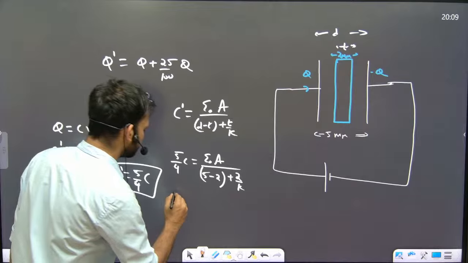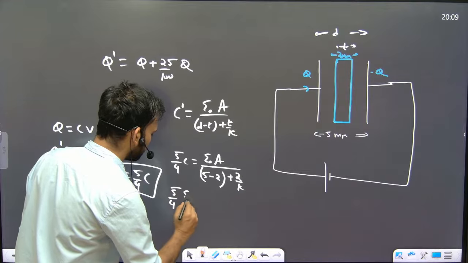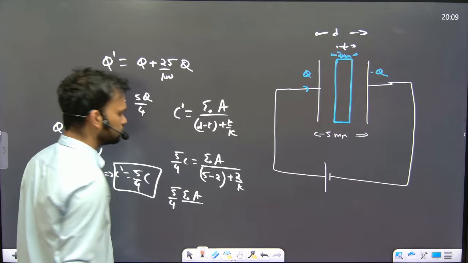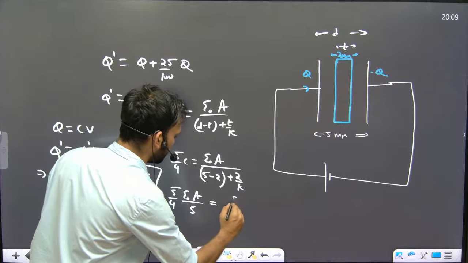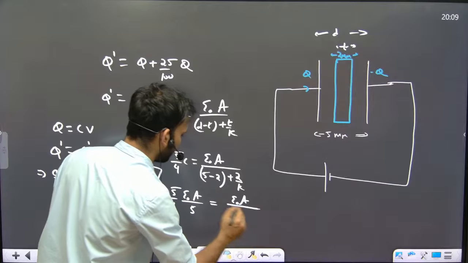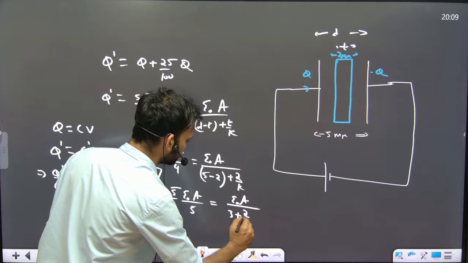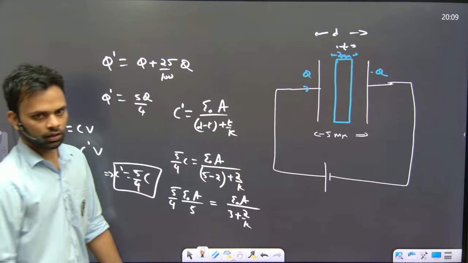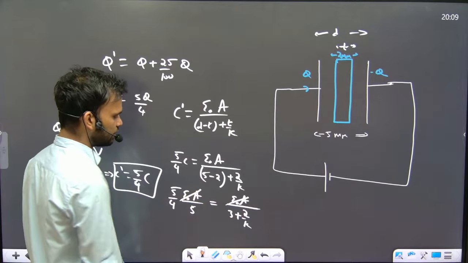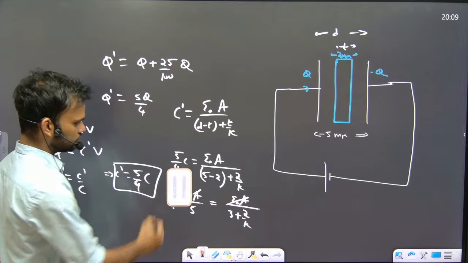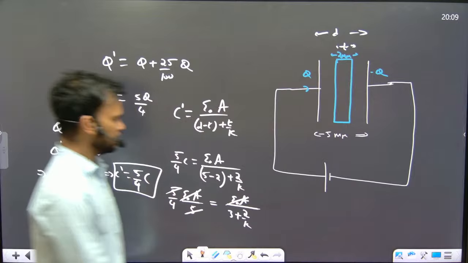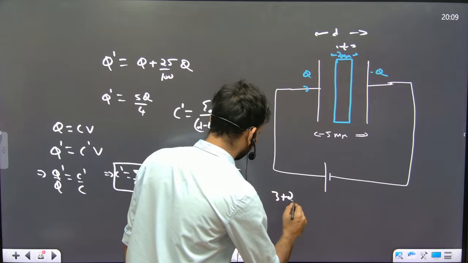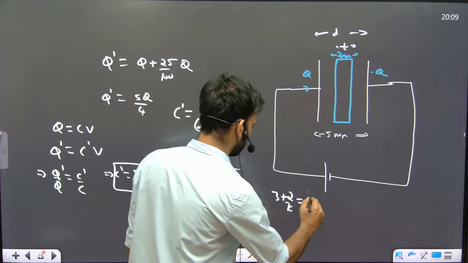Without dielectric, the capacitance is epsilon naught A by d, where d is 5. So 5 by 4 epsilon naught A by 5 is equal to epsilon naught A divided by 5 minus 2, which is 3, plus 2 by K. Compare them and cancel. So 5 gets cancelled. So directly we can say 3 plus 2 by K has to be 4.